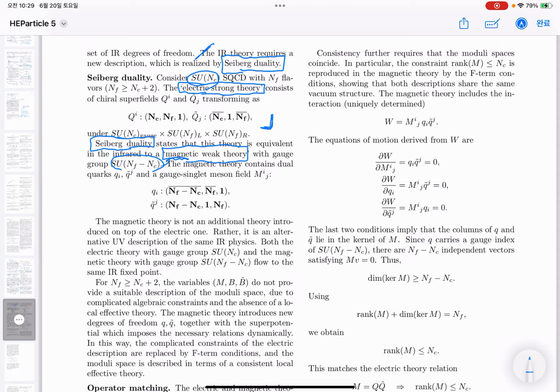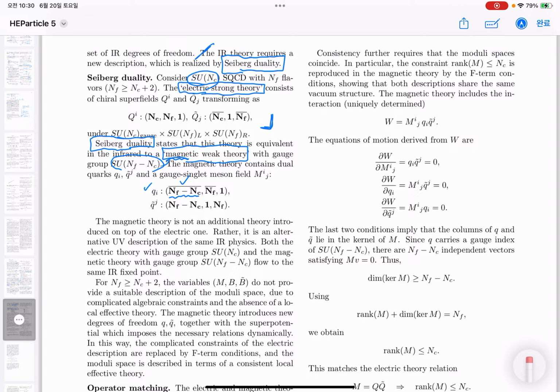This magnetic theory contains the dual quark fields, small q, and these are charged under the gauge group of rank N_F minus N_C, in the fundamental representation. And there is also the gauge-singlet meson field. This magnetic weak theory is not an additional theory introduced on top of the electric strong theory.